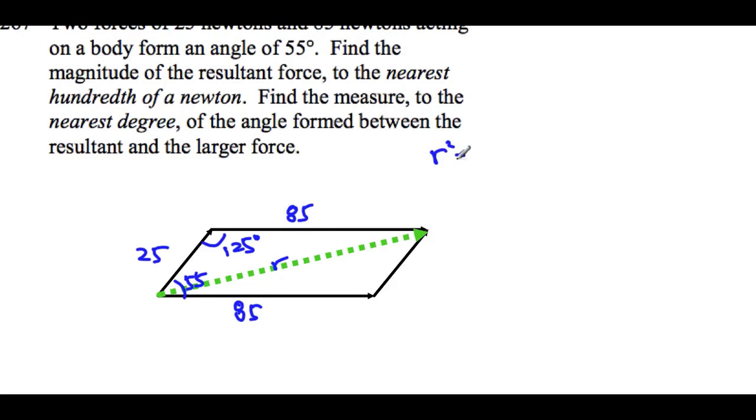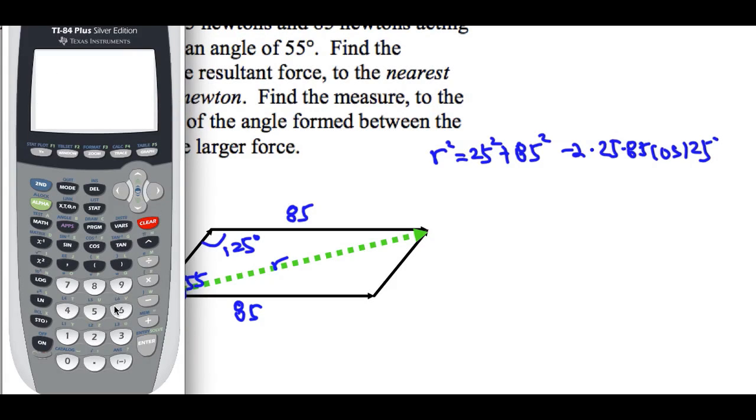So r squared will be equal to 25 squared plus 85 squared minus 2 times 25 times 85 times cosine of 125. So I'm going to put that into a calculator. 25 squared plus 85 squared minus 2 times 25 times 85 times cosine of 125.